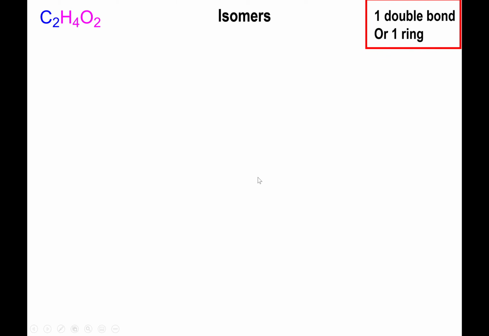Let's start with the premise of the double bond, and say that the double bond is between the 2 carbons, in which case we're dealing with alkenes. First we draw the alkene, carbon-carbon, so that takes care of the 2 carbons. Now we need to bring in the oxygens. We could place one oxygen on this carbon, and since that oxygen is terminal, I need to add a hydrogen to ensure that the oxygen ends up with 2 bonds.